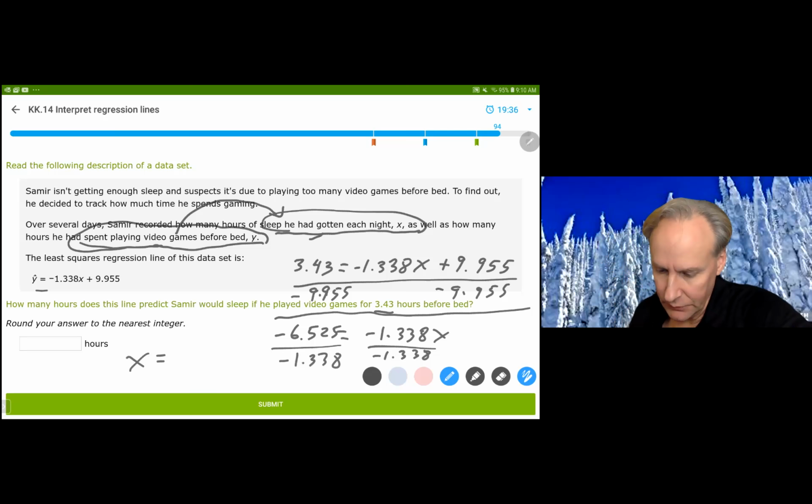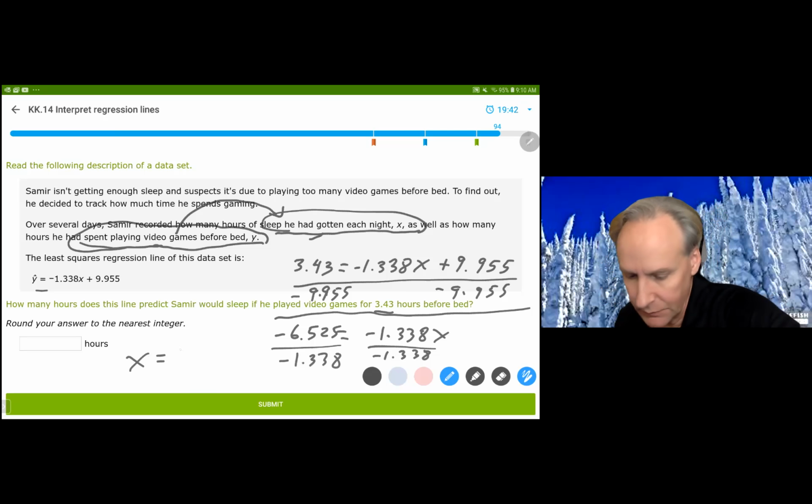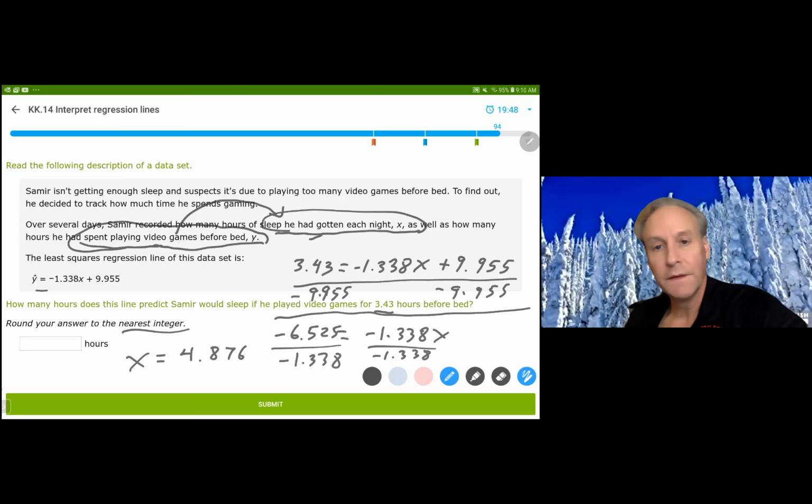And my x value, rounded to the nearest integer, is about 4.876. This means that if he spends 3.5 hours playing video games, we would expect that he's only going to get about 5 hours of sleep.